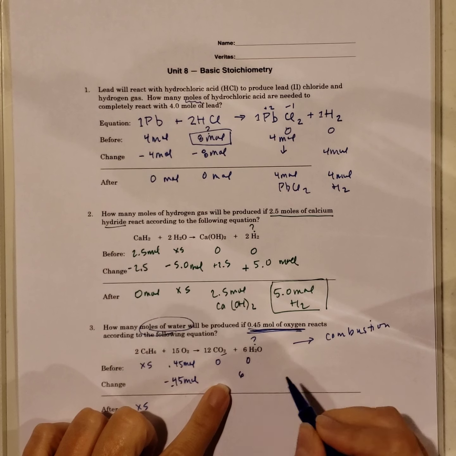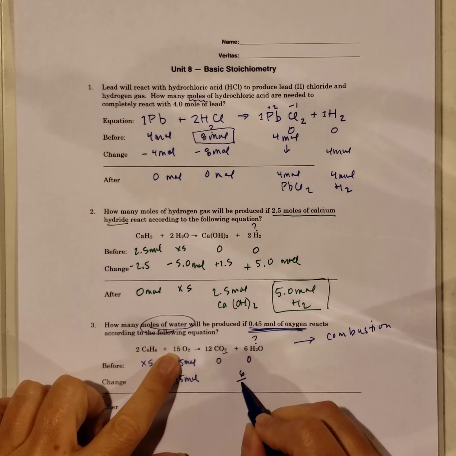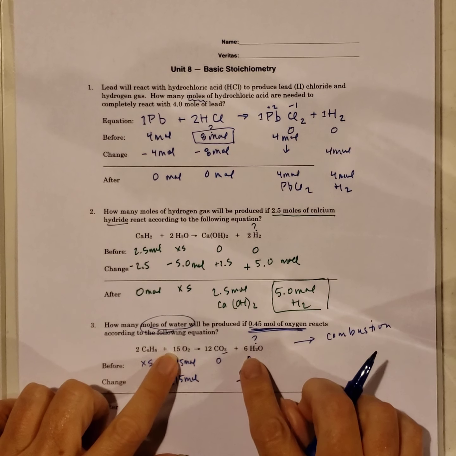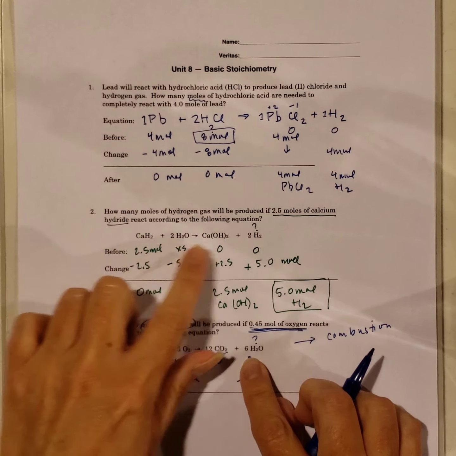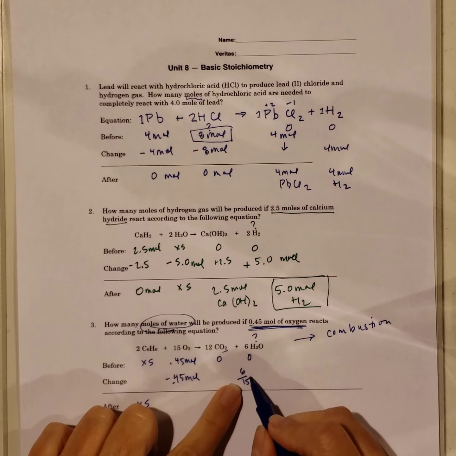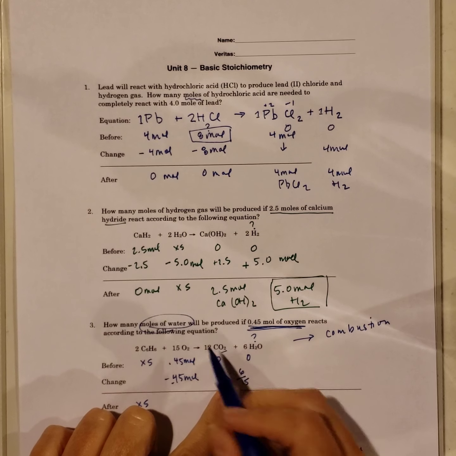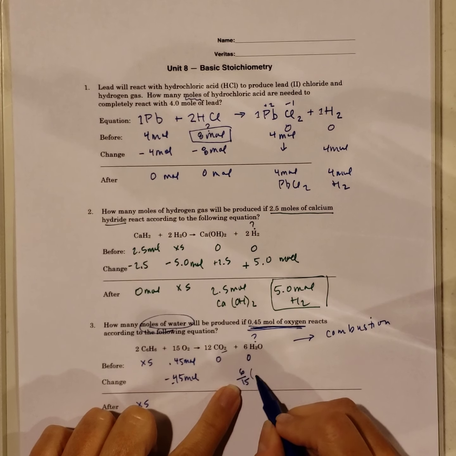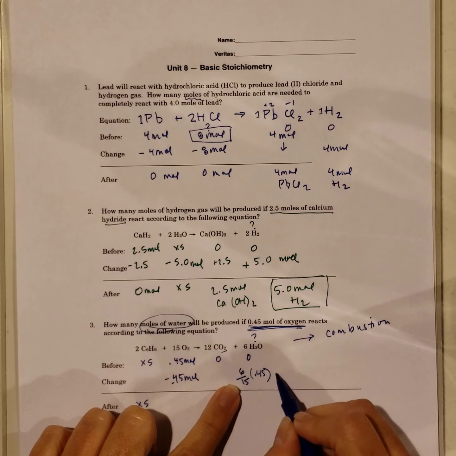There's 6 parts of water and 15 parts of oxygen. This is not as simple as doubling like we did up here. This one's a little bit difficult. So we take the 6 that we're going to from the 15 that we have, multiply that by the 0.45.